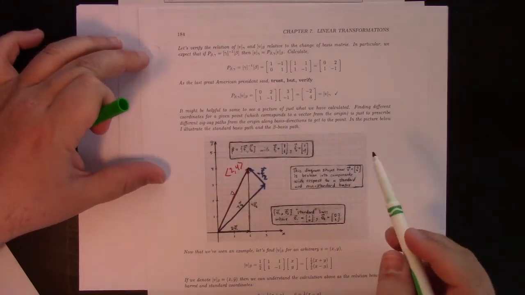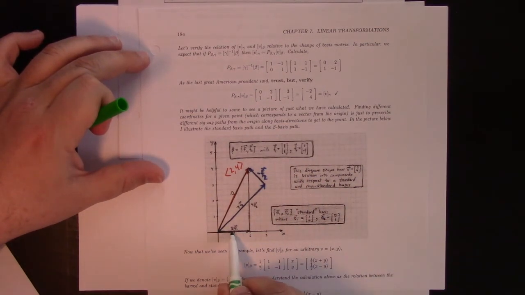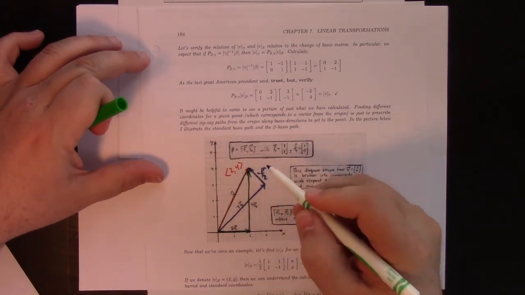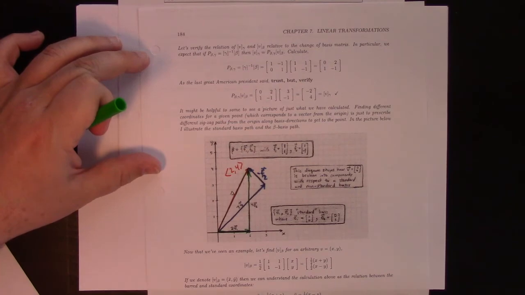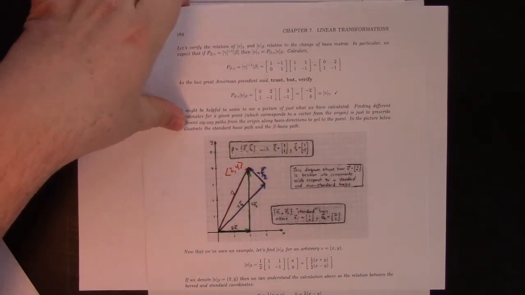This is not a comparison between the gamma and the beta basis. This right here, of course, is how you build v with respect to the standard basis. I gave up on trying to draw beta and gamma in the same picture. Oh, sorry, I was a victim of my own notes.